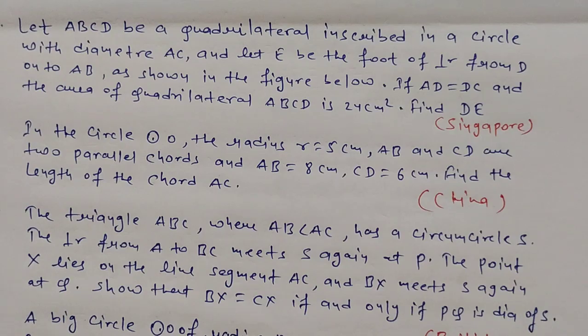This question is from the China mathematical competition and the previous problem was from the Singapore mathematical competition. So these problems are also important when you are trying to clear the mathematical competitions at the various regional, national and international level.